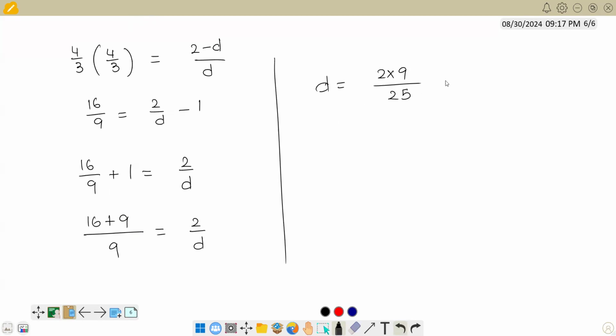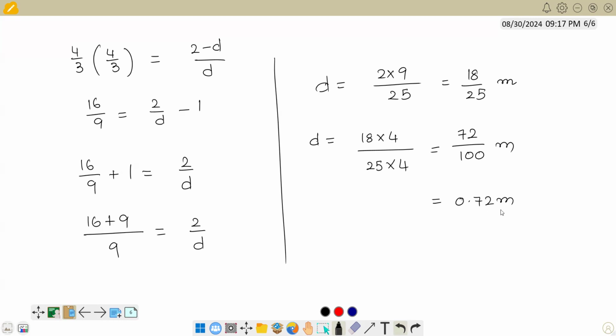So we got 2 into 9 by 25, so 18 by 25. This is the length in meters. So the length of this is 18 by 25 meters. In simple terms, we'll multiply with 4 in the numerator and 4 in the denominator. So this is 72 divided by 100 meters. So indirectly it is 0.72 meters.